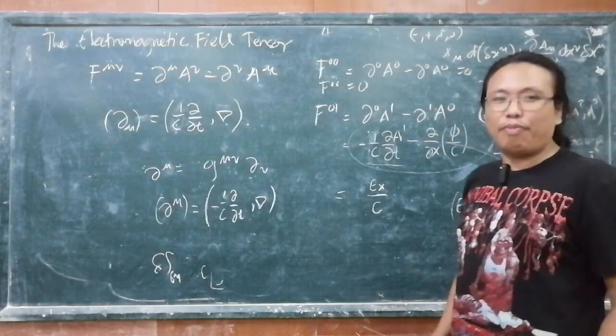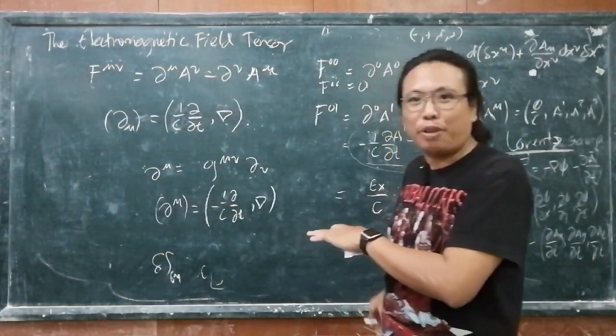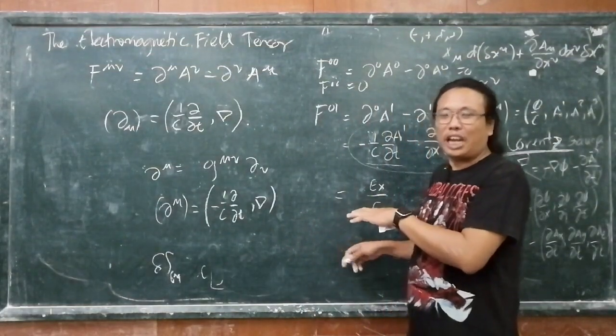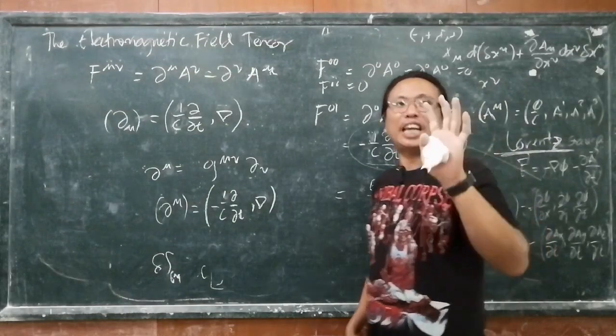Now, I want you to derive all of these. I will not do all the derivation because we have no time, and it takes a lot of time to do this. This is an anti-symmetric tensor.